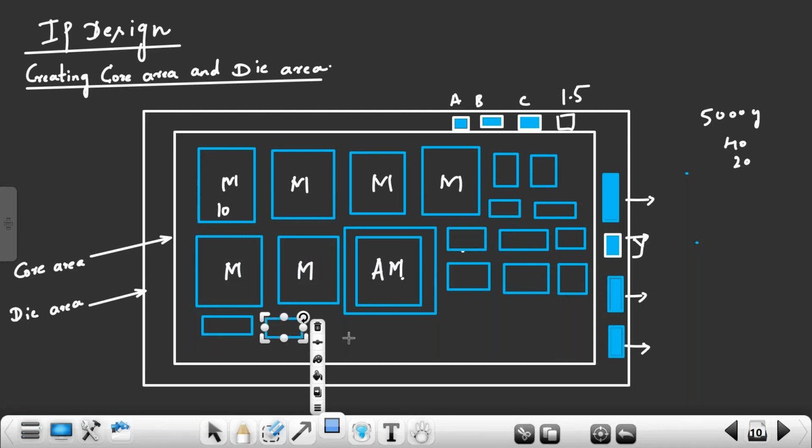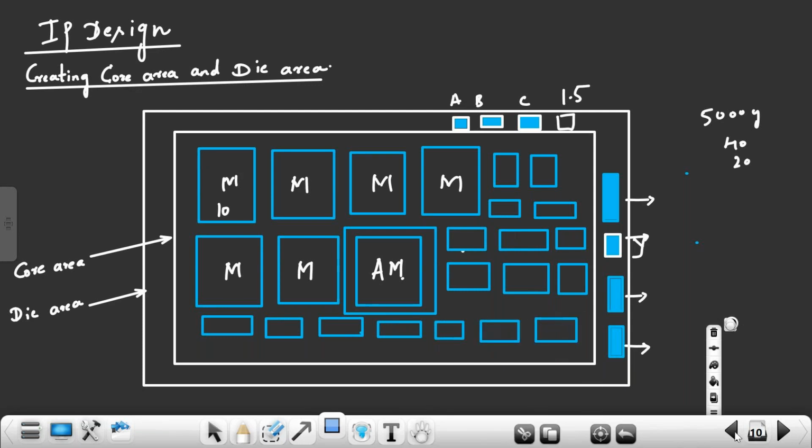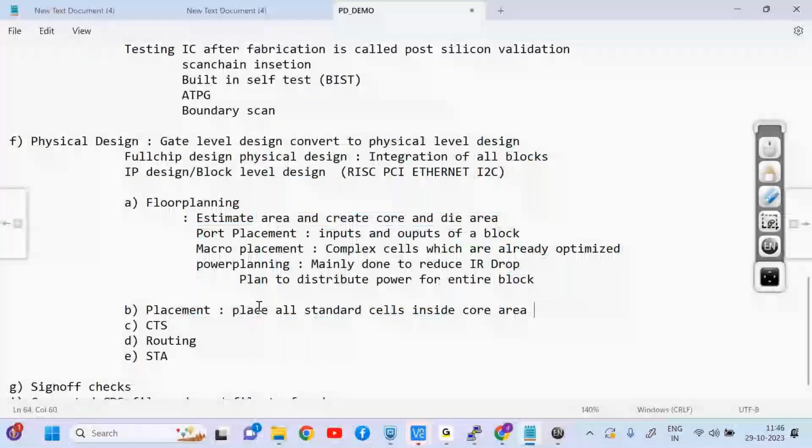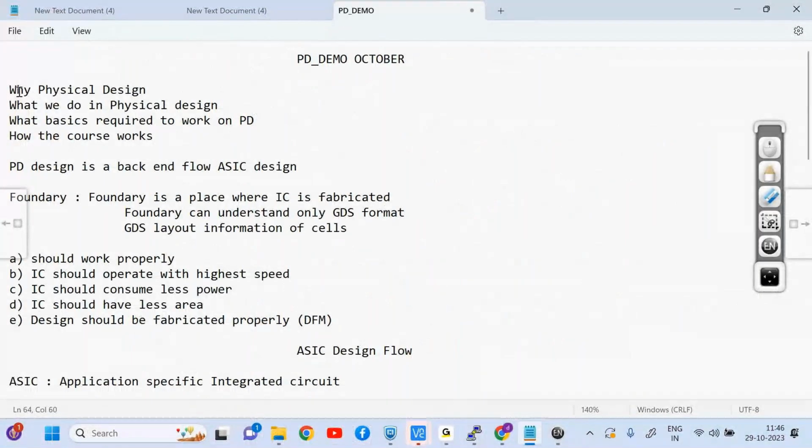This placement is not simple or straightforward. Placement has a lot of rules we have to follow. I have to do placement in such a way that all these constraints are met. In this placement, I should see that my design is consuming less power.